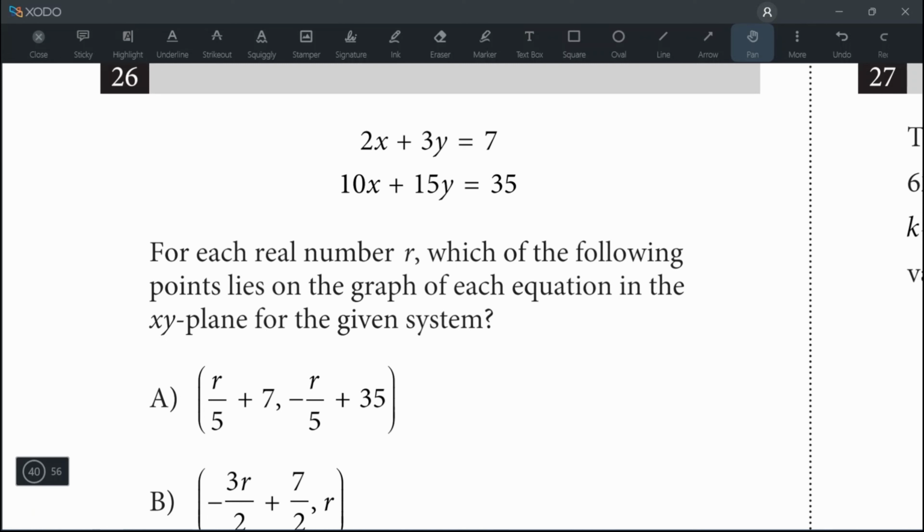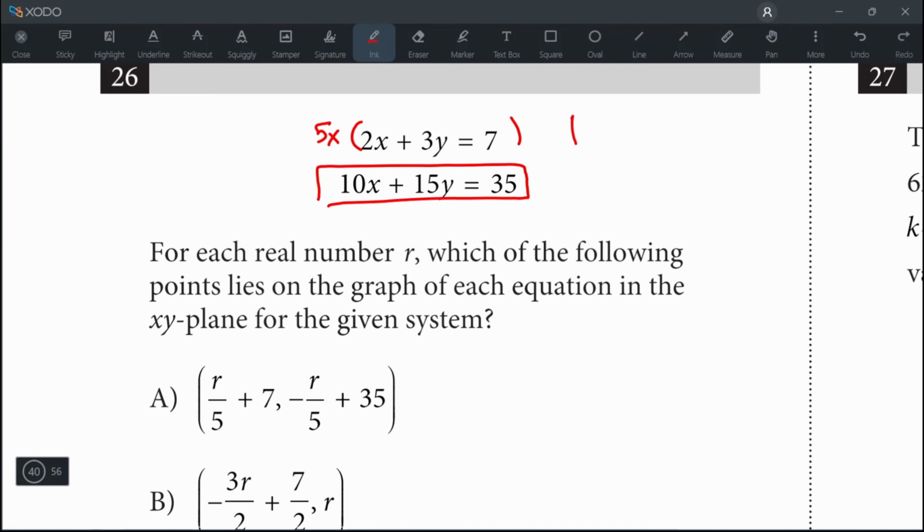You should notice that in this system, the second equation is actually a multiple of 5 of the first equation. If we multiply the first equation by 5, we will get 10x, because 5 multiplied by 2x is equal to 10x, and 5 multiplied by 3y is equal to 15y, and 5 multiplied by 7 is equal to 35.